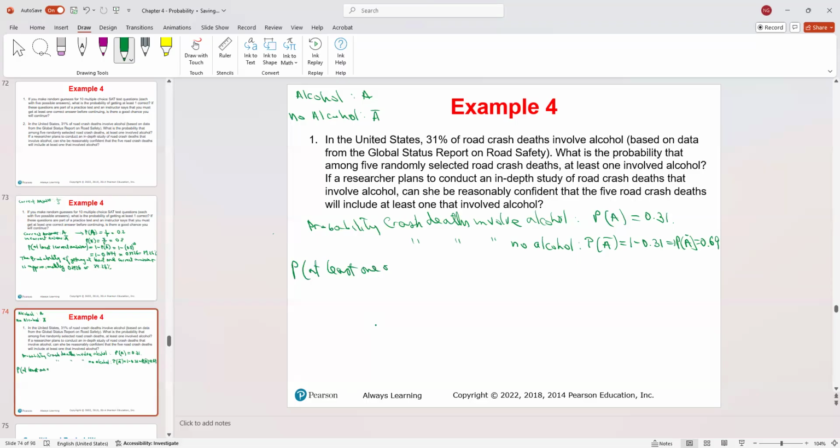That would be 1 minus the probability that it doesn't involve alcohol.